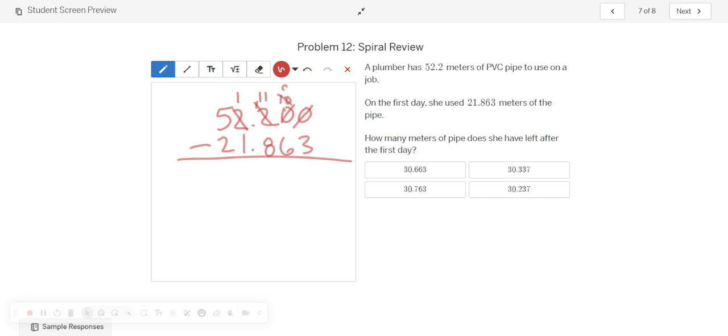Break that down, and now I've got 10 thousandths of a dollar. Here we go. 10 minus 3 is 7. 9 minus 6 is 3. 11 minus 8 is another 3. And then 51 minus 21, I get 30. I get 30.337.